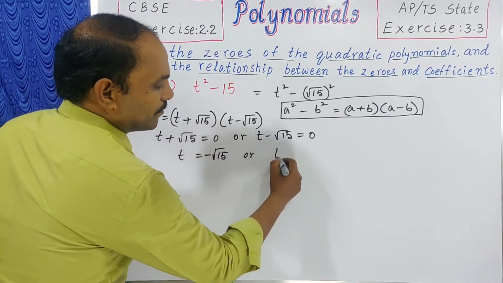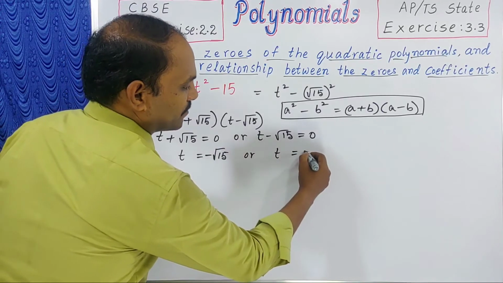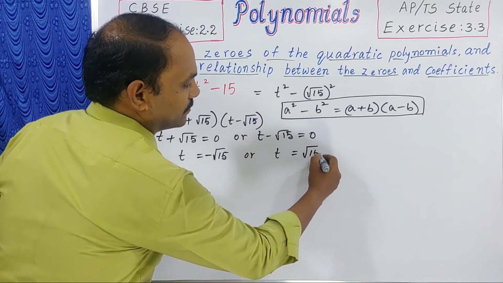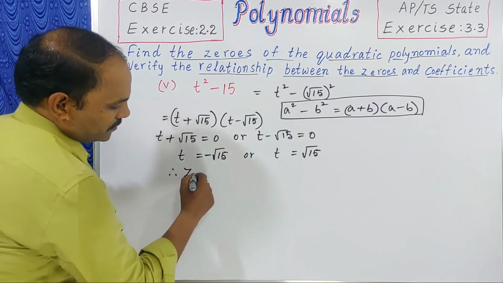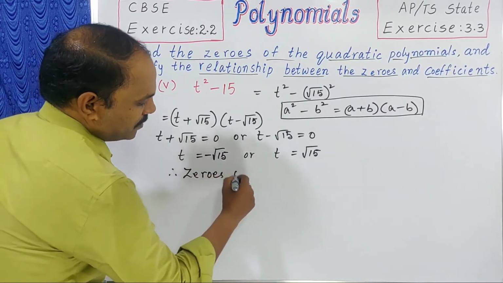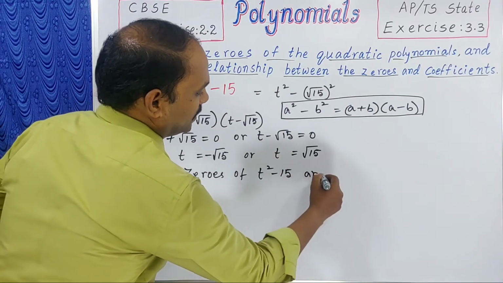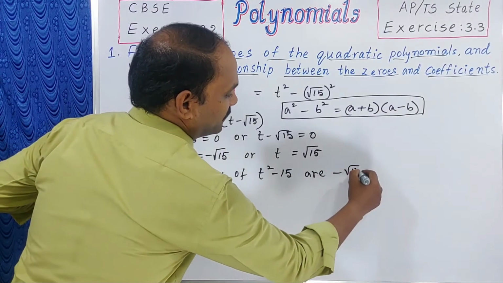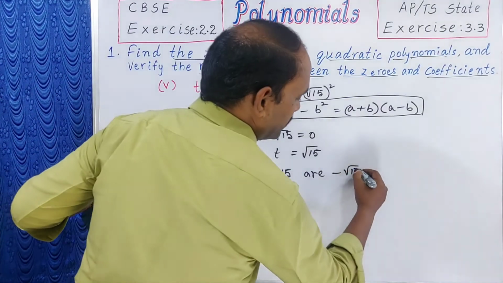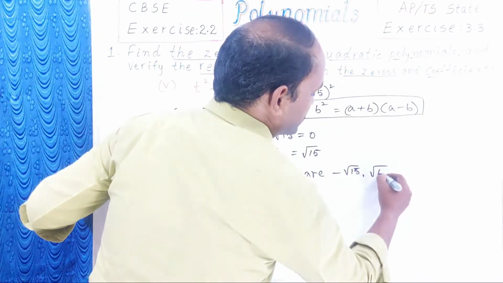Here minus root 15 becomes plus root 15. Therefore, the zeros of t square minus 15 are minus root 15 and plus root 15.